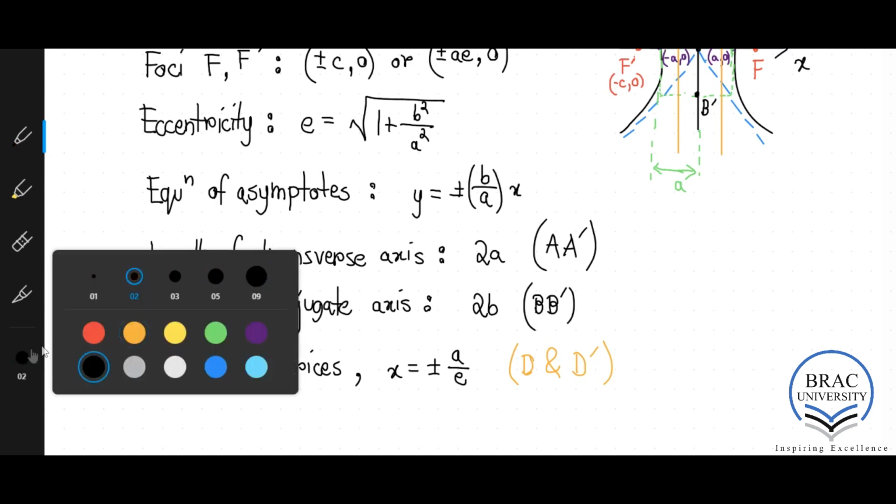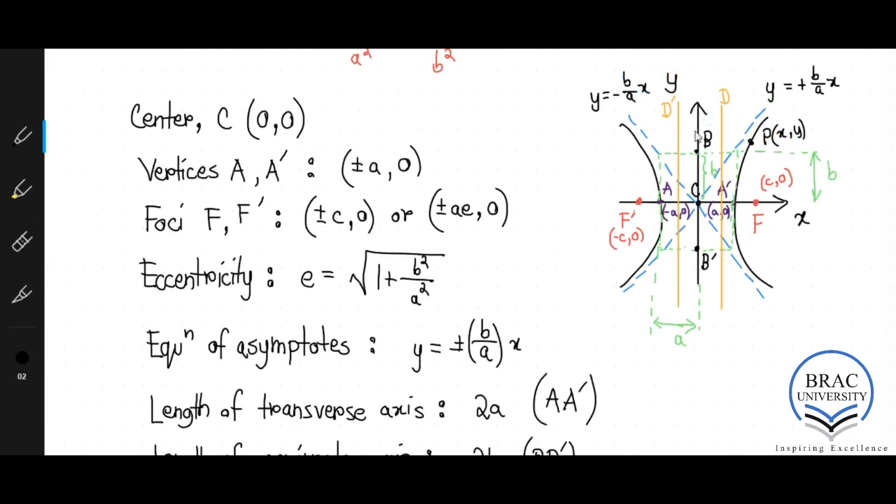Similarly, like before, you can define the latus rectum as well. The length of the latus rectum here is going to be 2b squared over a, and the length of the latus rectum is also here going to be 2b squared over a.